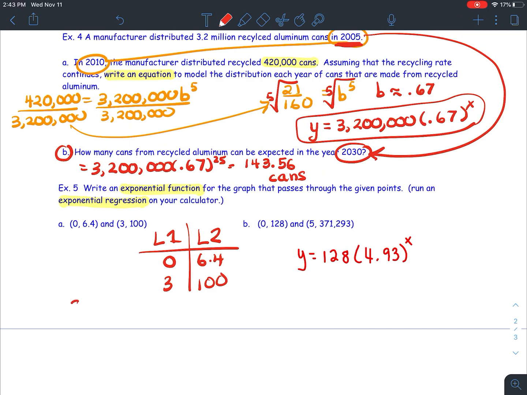You're then going to press the stat button, followed by the calculate menu. You're going to go all the way down until you see, for me it was option 0, the option exponential regression. You're going to pick that and follow through everything else exactly the same.